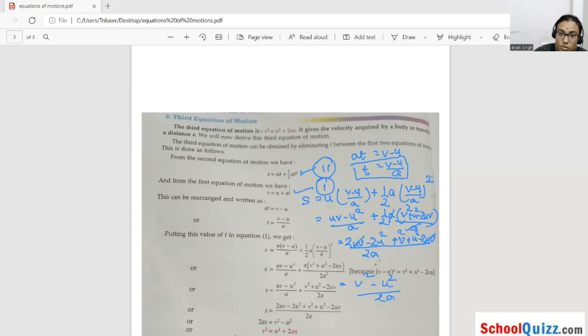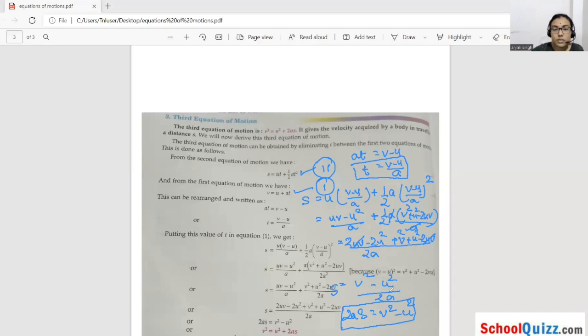This is equal to s. Now, this 2a will go to that side, so 2as is equal to v square minus u square. That is your third equation of motion. v square minus u square is equal to 2as. Clear? You can transfer this minus u square to that side also.